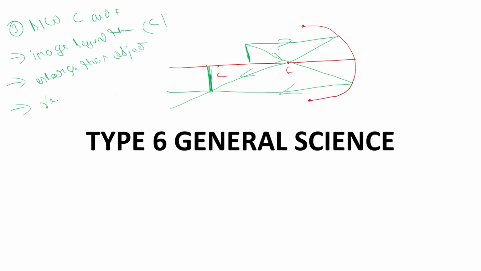Third, real and inverted. This was the fourth case. So remember these points. First, image beyond the C. Second, enlarged than the object. Third, real and inverted.